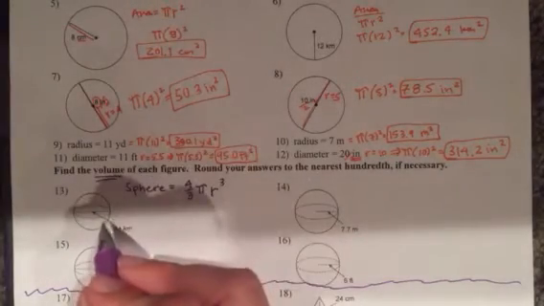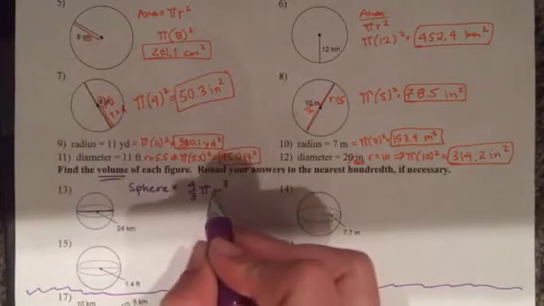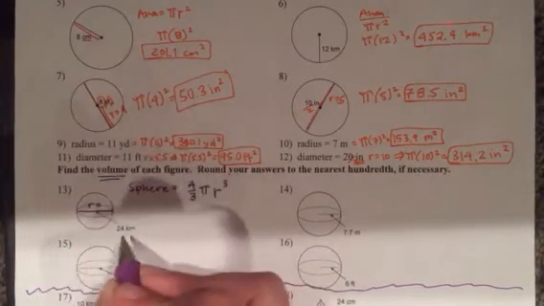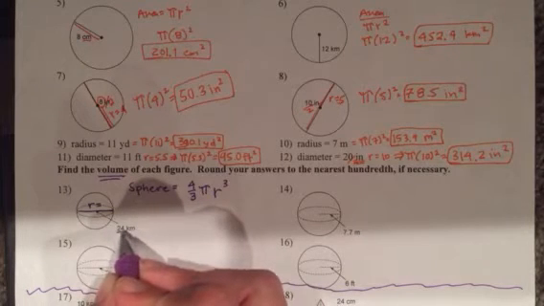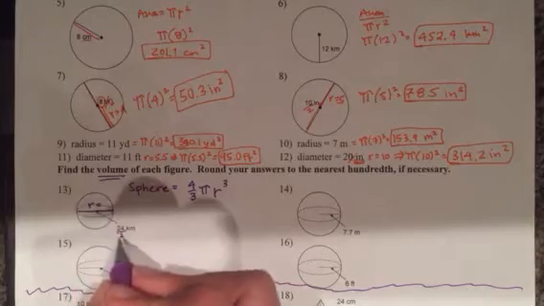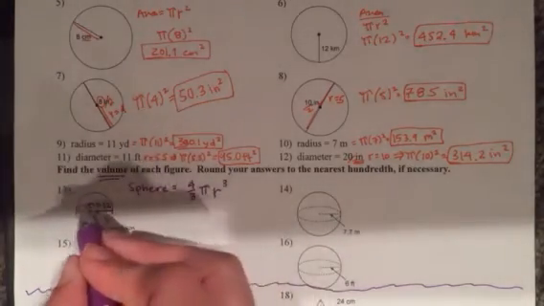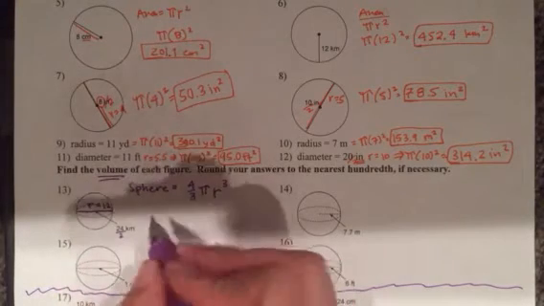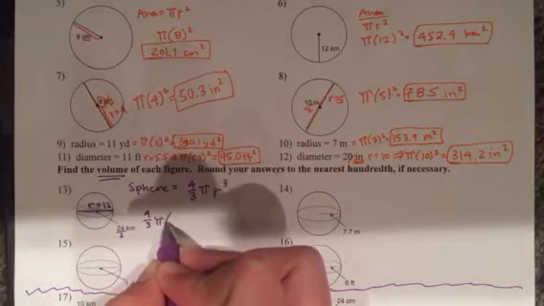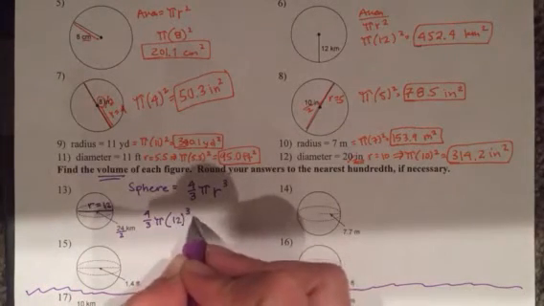Now, for this sphere, it tells me the diameter, but I need the radius. So I know that r is equal to 24 divided by 2, because I only want half of the diameter, which would be 12. I use the radius and plug it in. 4/3 pi, I plug in the r cubed.